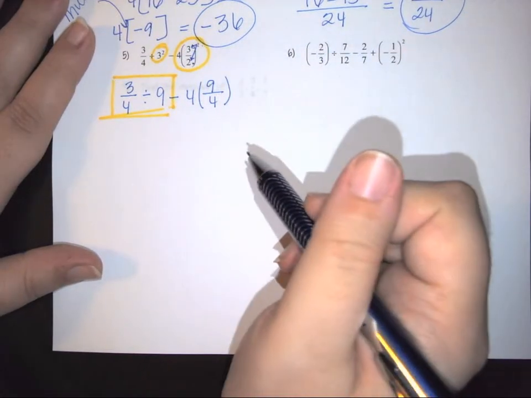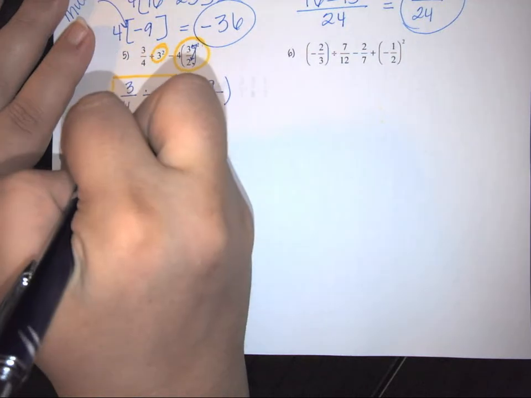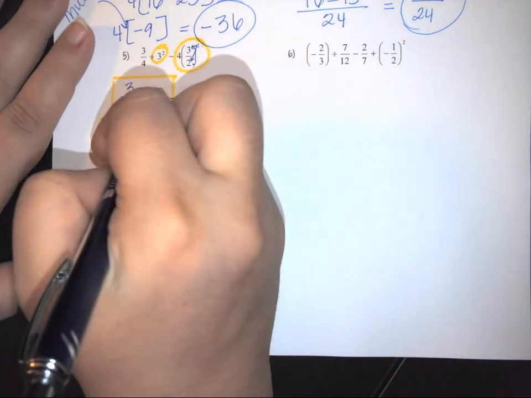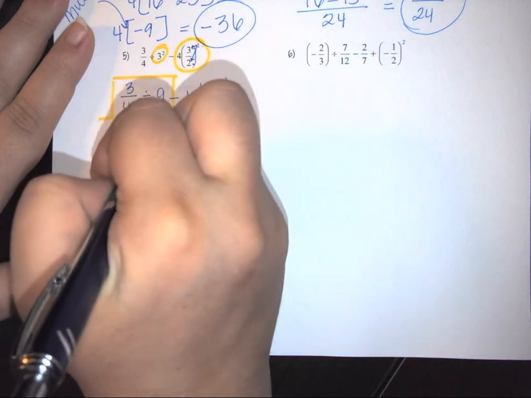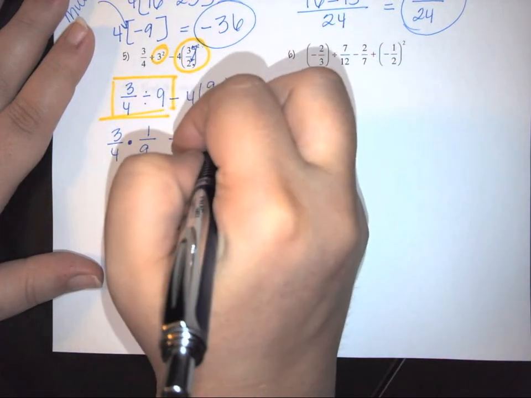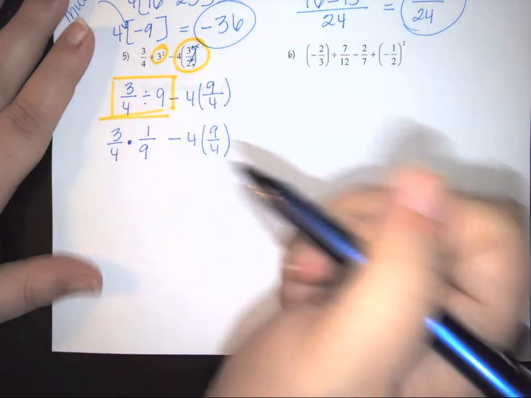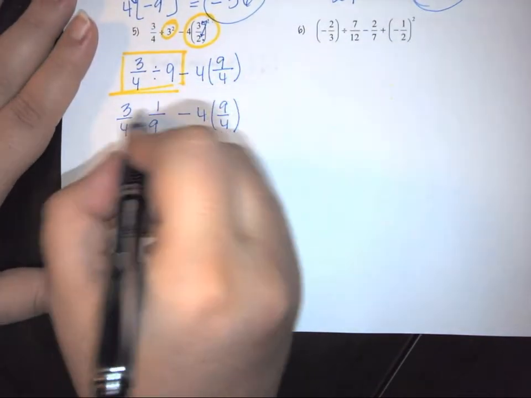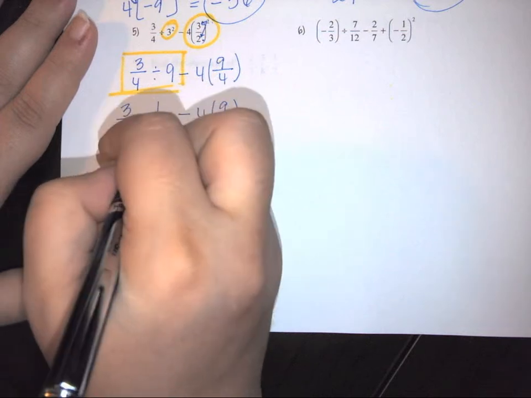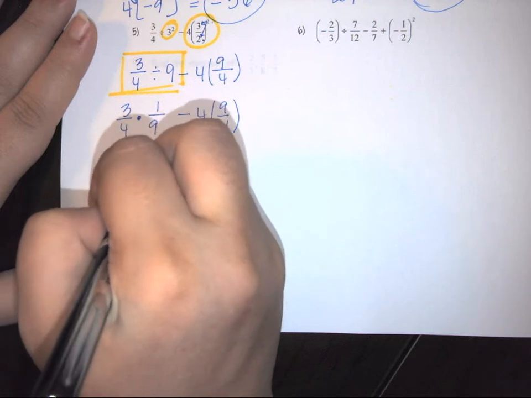So that in itself says I have to keep the first, so this is 3/4, change to multiplication and flip the reciprocal, 1 over 9. And then this is going to be minus 4 times 9 over 4. I've got to do my multiplying, so 3 times 1 is going to give me 3 over 9 times 4, which gives me 36.